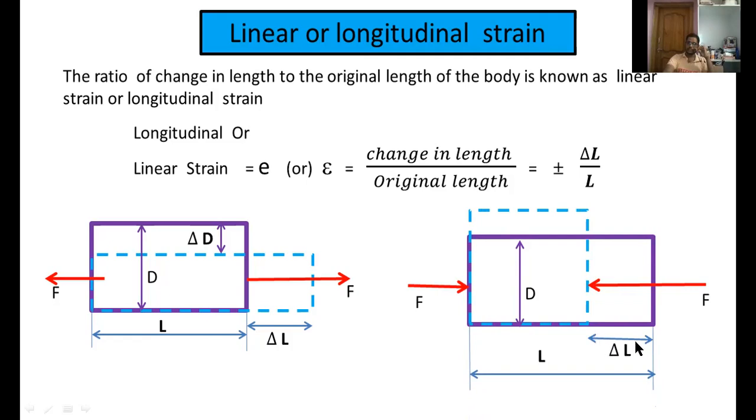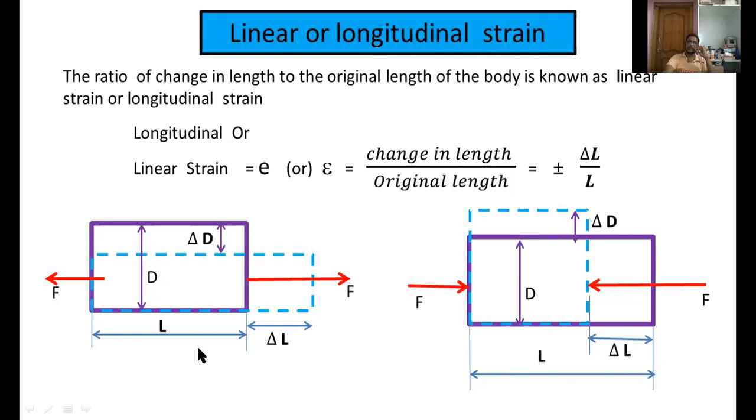Delta D is the increased diameter or decreased diameter. When you are applying compressive loads, the length of the bar decreases, so you have to consider negative sign for compressed loads. For linear strain, positive sign for tensile loads, negative sign for compressed loads.